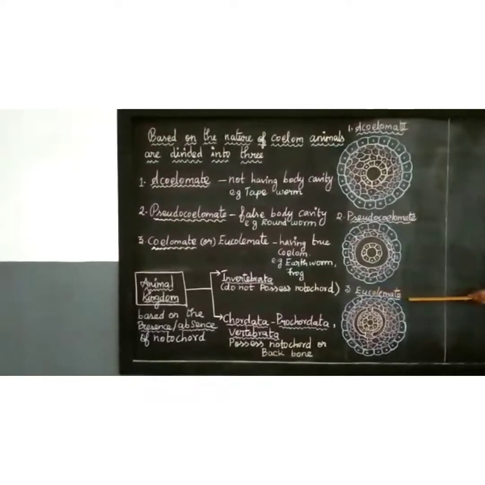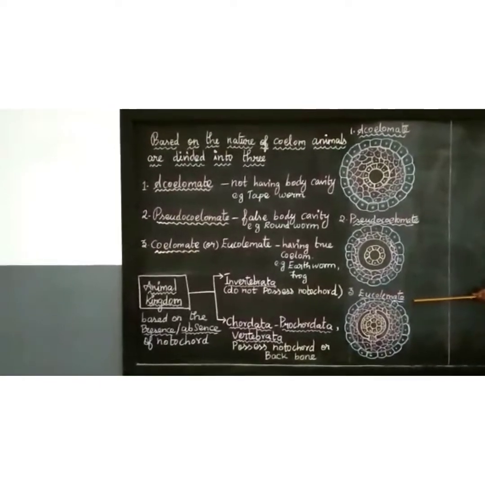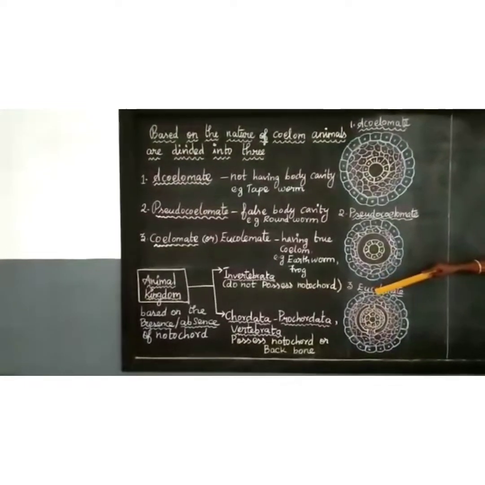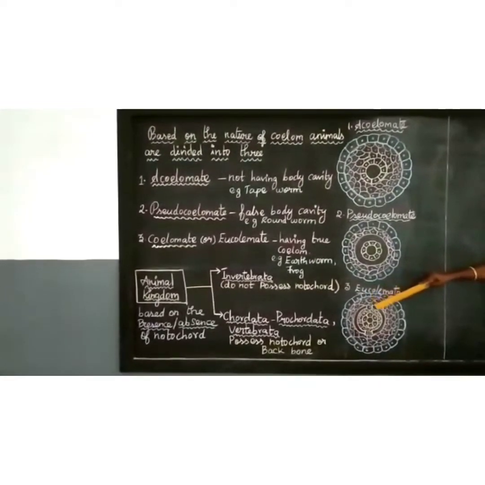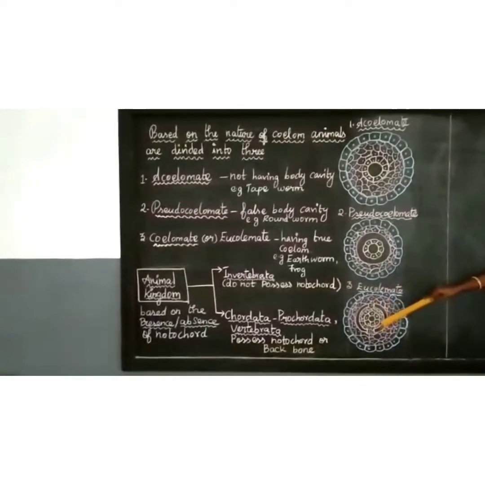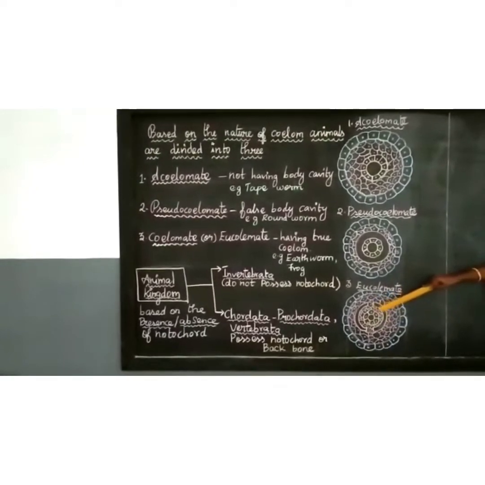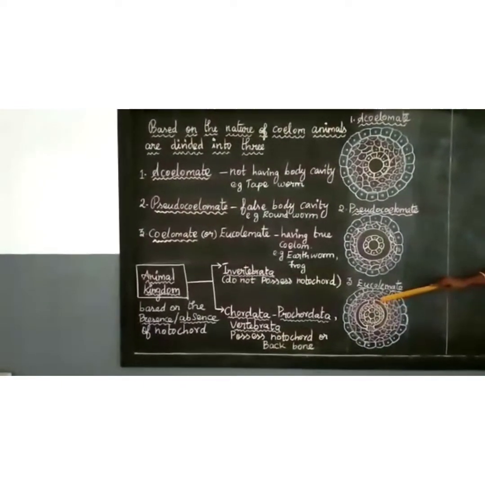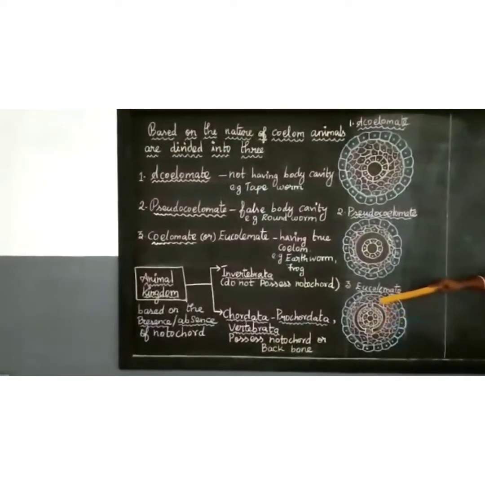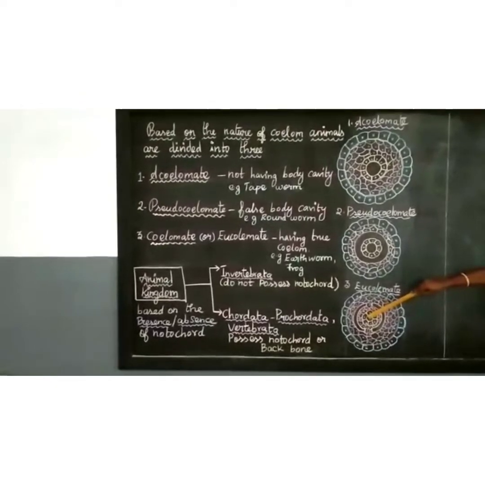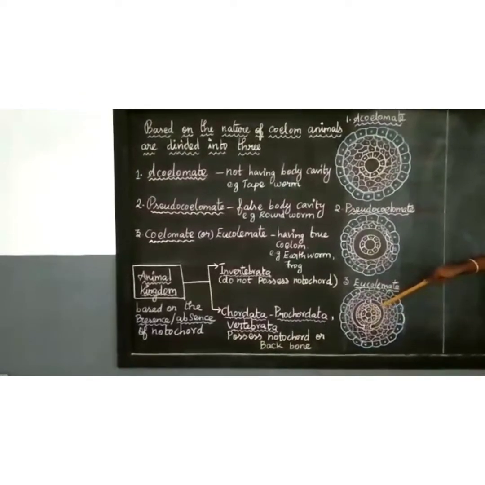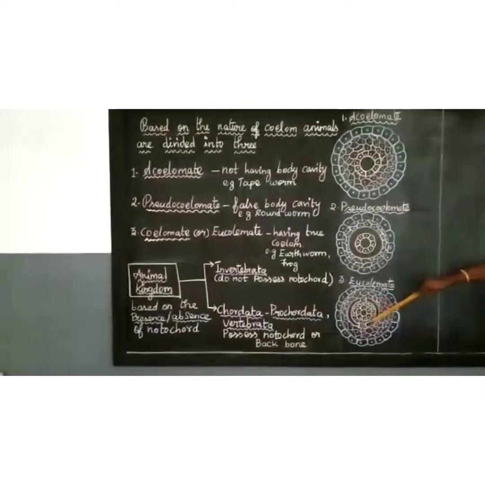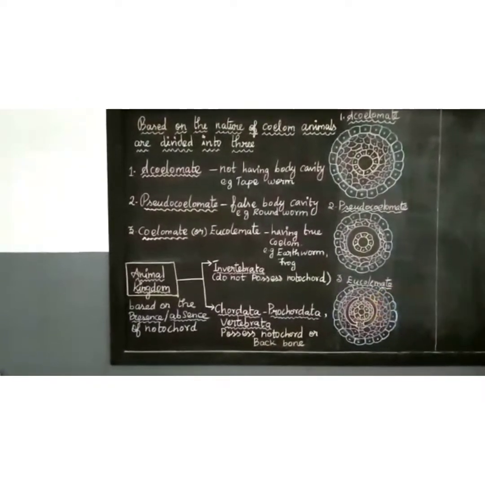Then coming to the third one, eucoelomate. Eucoelomate is otherwise called coelomate, that is, an animal having a true coelom. That is ectoderm, mesoderm, and there will be a true coelom. Here the layer of mesoderm continues and this is the endoderm. This type of cavity, the space between the digestive tract and the body wall, is the true coelom, which is present only in chordate animals.